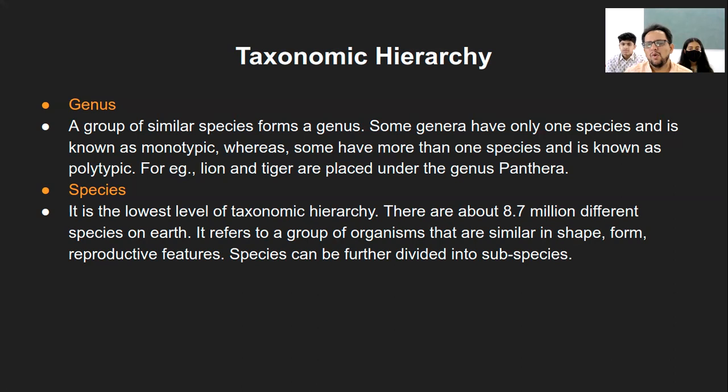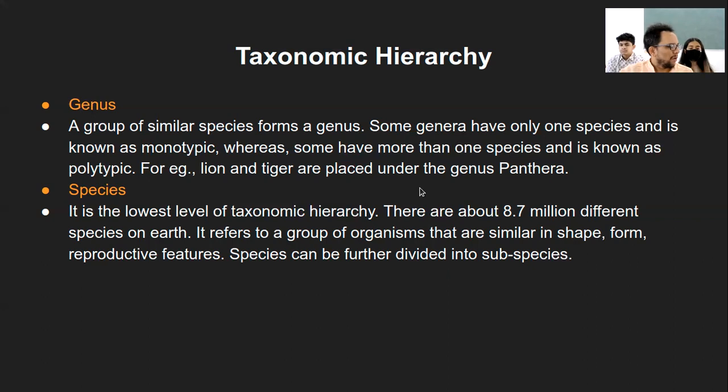Simplest example is the Homo genus, which has different categories like Homo erectus, Homo sapiens, Homo neanderthalensis, and so on. So it is a polytypic genus, right? Both monotypic, we will talk about when we look at the classification, okay?